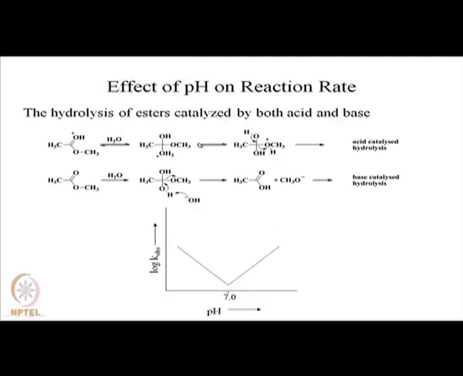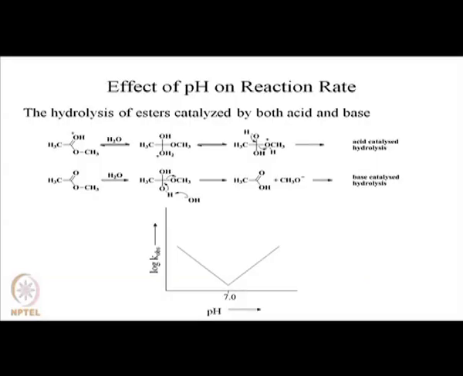Now, we will concentrate on the effect of pH on reaction rate, since it is a hydrogen ion mediated, proton catalyzed reaction, or maybe hydroxide catalyzed reaction. So, let us look into hydrolysis of an ester catalyzed by both acids and bases.